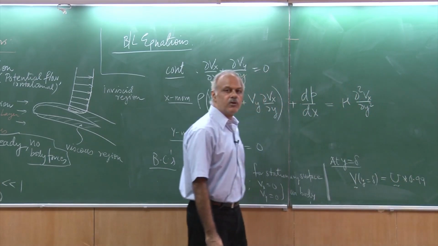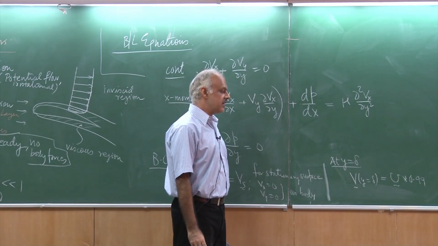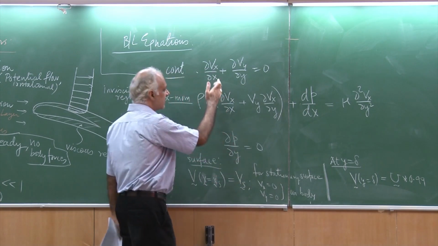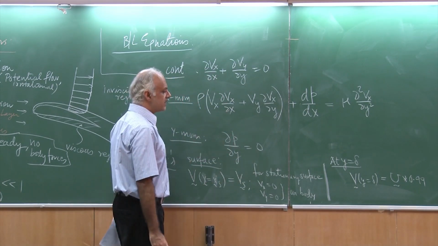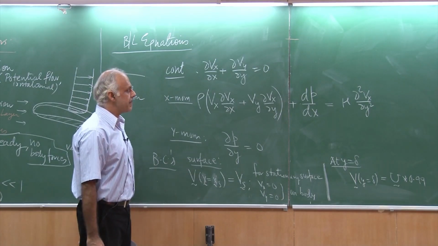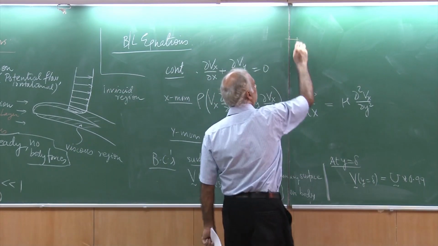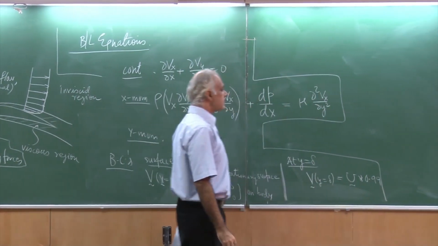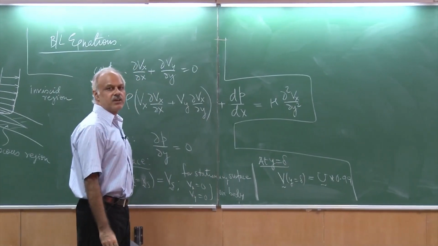So at the edge of the boundary layer, the flow achieves 99% of the free stream speed. So I'll have to solve these two boundary layer equations along with these two conditions. Let's see what happens for a flat plate.